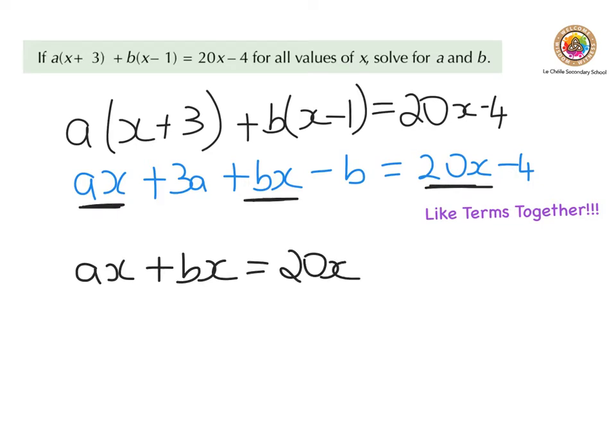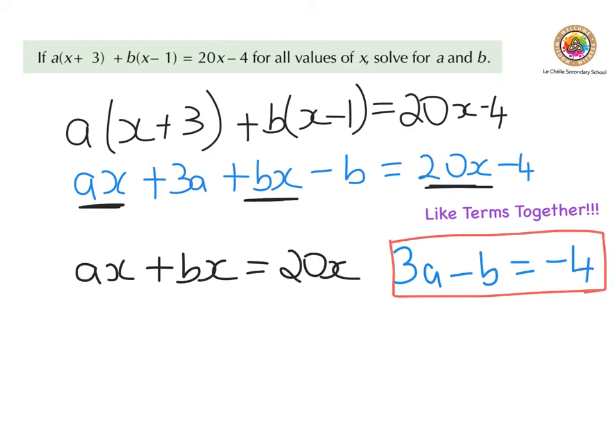And correspondingly, the other terms that are left: I have 3a minus b is equal to minus 4. So that's one equation sorted. I'm just going to put a red box around that. I can do no more with that for the moment.